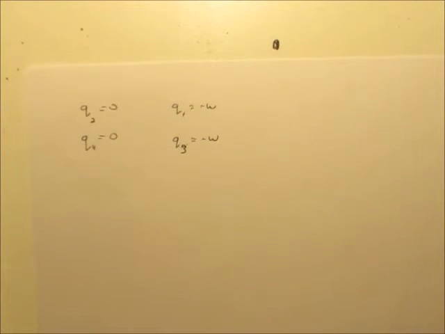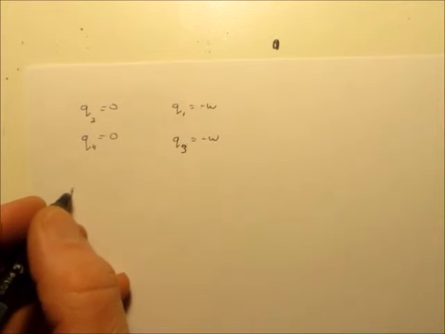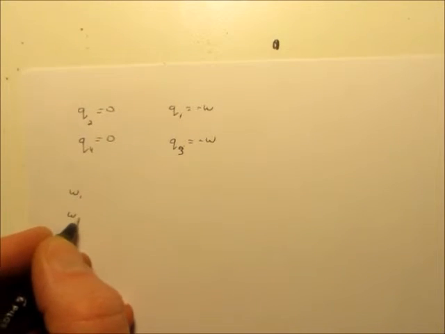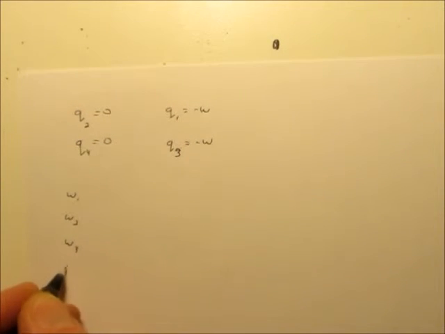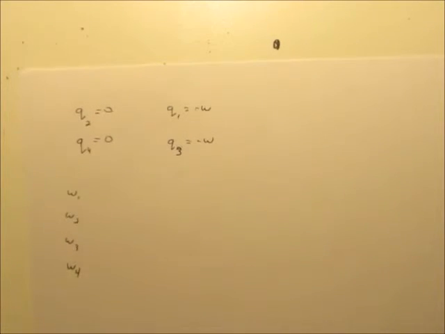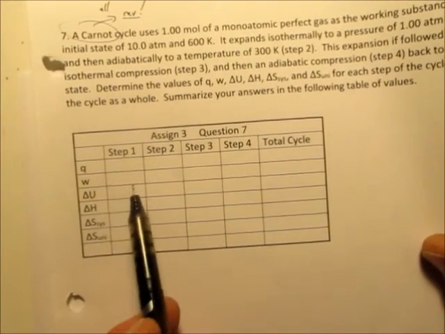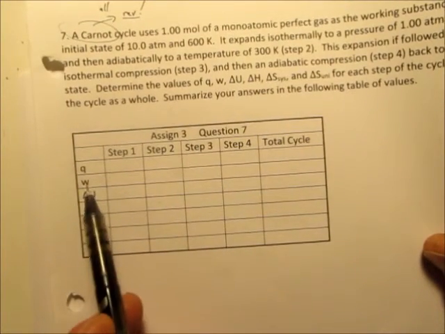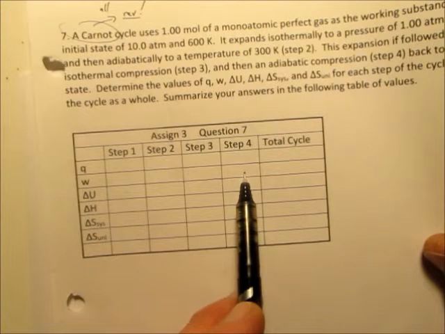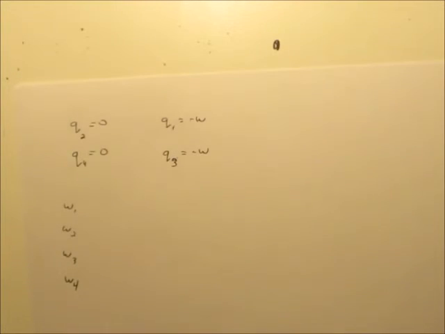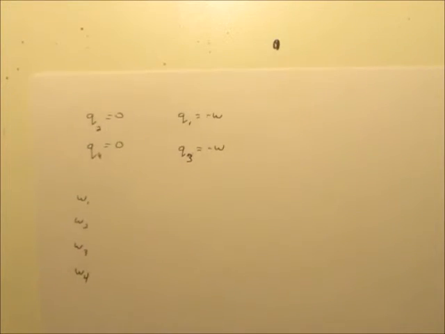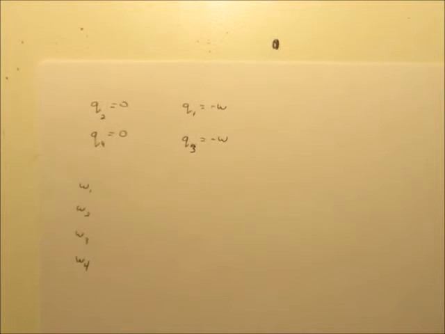And it turns out that you will calculate a value for all 4 steps for work. What's interesting is, in your chart right here, out of all these items, the only thing that has an actual calculable number for each step is work. All of the other stuff will have some zeros in there. So how do we calculate work for step 1?